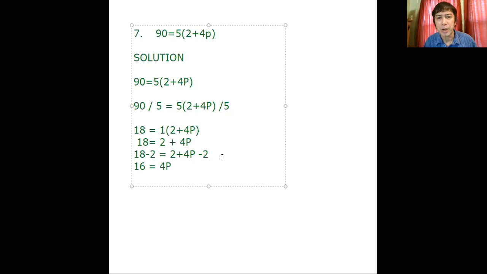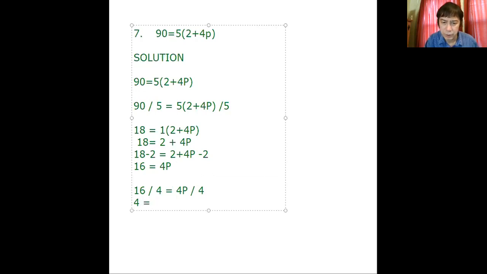So we reach this part, which we can only now do division, because we are down to 4p here. Once we remove the 4, it will just become p, and we can only do that by way of the division property. So 16 divided by the number 4 must be equal to 4p divided by the number 4. This leaves us 4, and this is equal to just p.